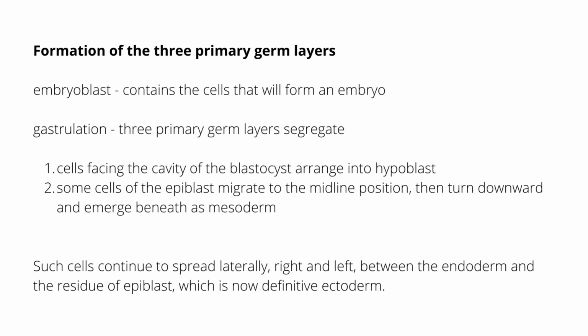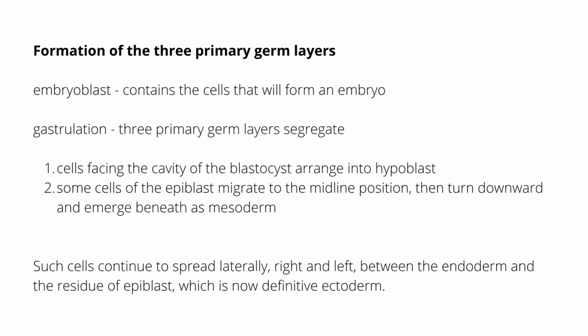So first, the cells facing the cavity of the blastocyst arrange into a layer known as the hypoblast. The thick residual layer, temporarily designated as epiblast, is the source of a definitive uppermost sheet, called the ectoderm. And next is the intermediate layer that is called the mesoderm.